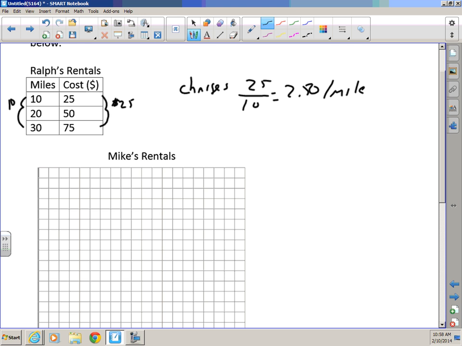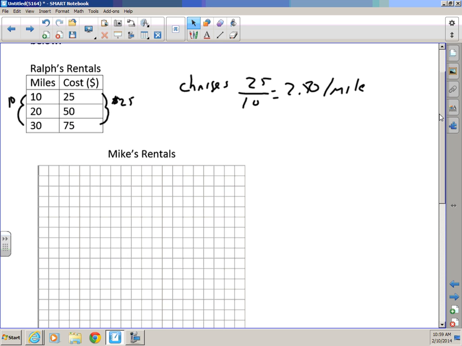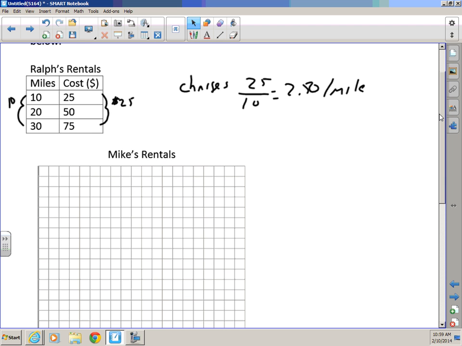Okay? Now, if I were to work that backwards, all right, at 0 miles, he's charging me 0. So Ralph basically just charges me $2.50x.